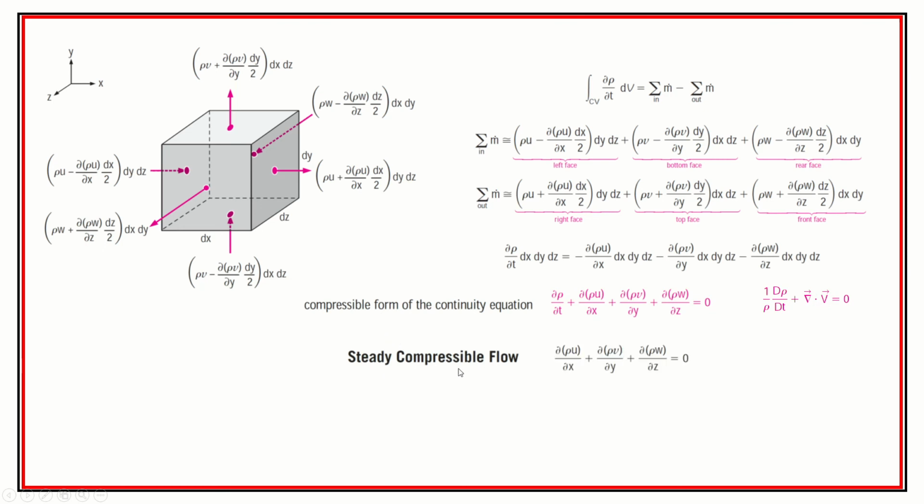For a steady, compressible flow right here, you can see the time term goes away, and that's nice. But if you have incompressible flow, the density goes away, and that's what you're left with right there.